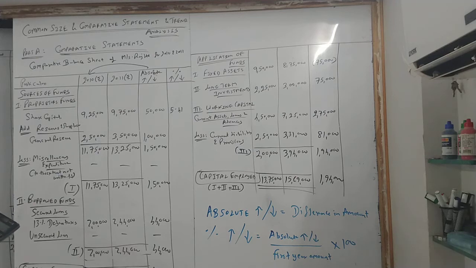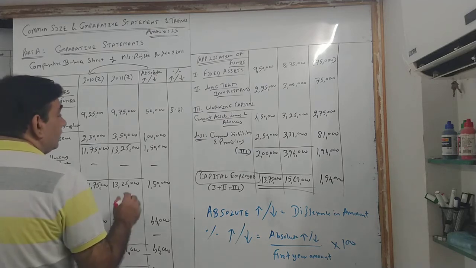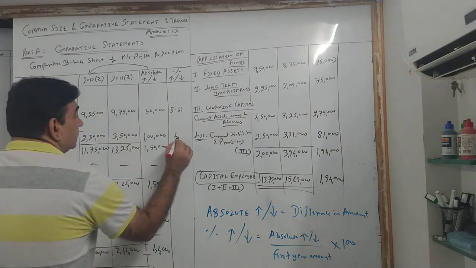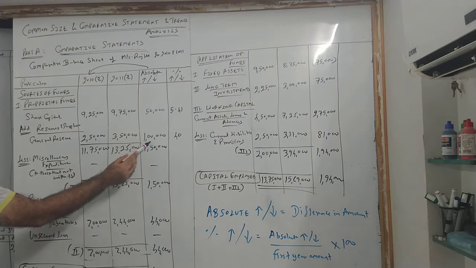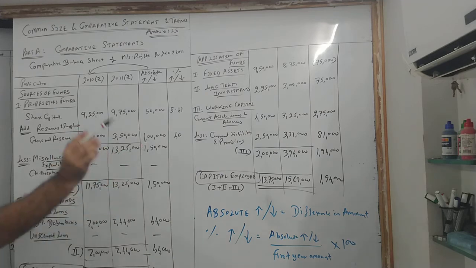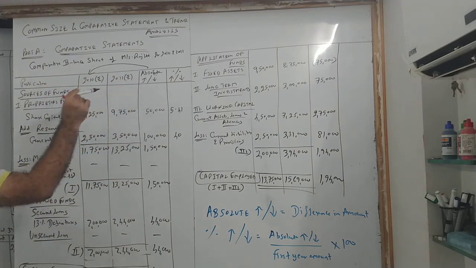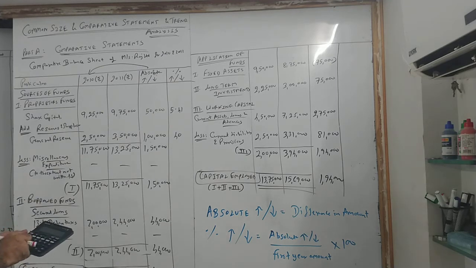Same way, 1 lakh divided by 2,50,000 into 100. That is 40. In short, absolute increase or decrease divided by the first year amount into 100.